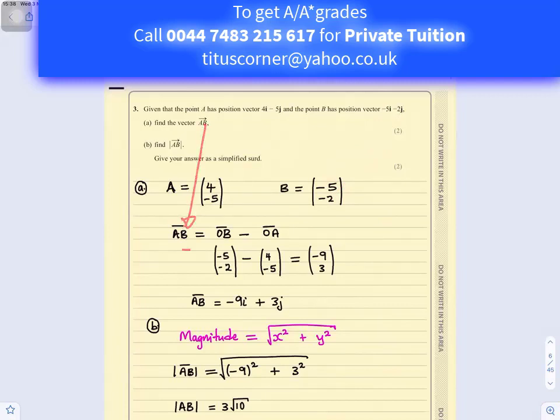So to go from A to B, we want the second one, OB minus OA. Remember, the second one minus the first one. So it's OB minus OA. That's OB there, minus 5, minus 2. OA is 4, minus 5.